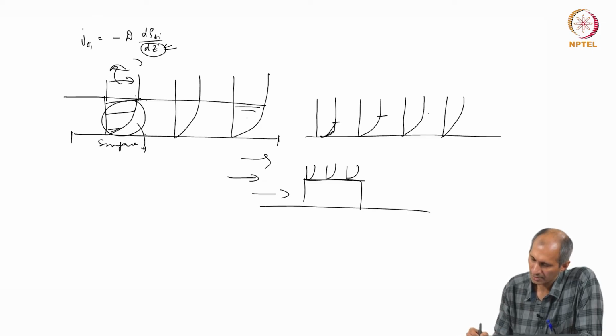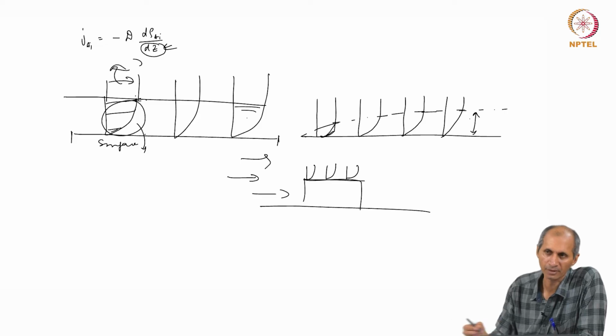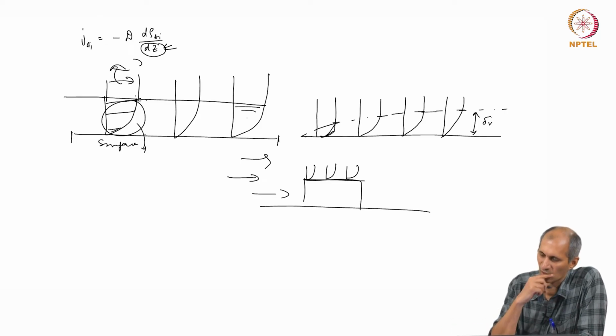So, there is a region from the surface where the effect of the surface is felt. This is for momentum, this is for velocity. This is called a boundary layer.